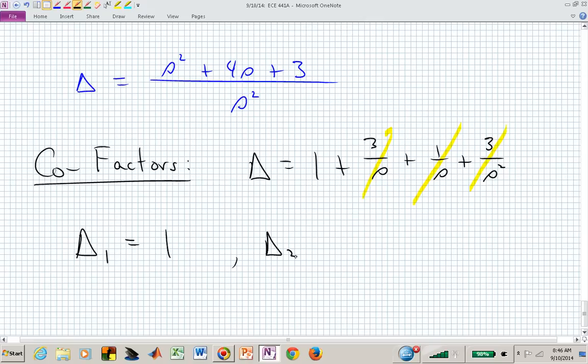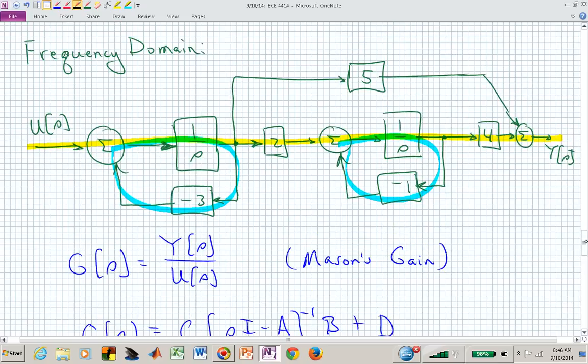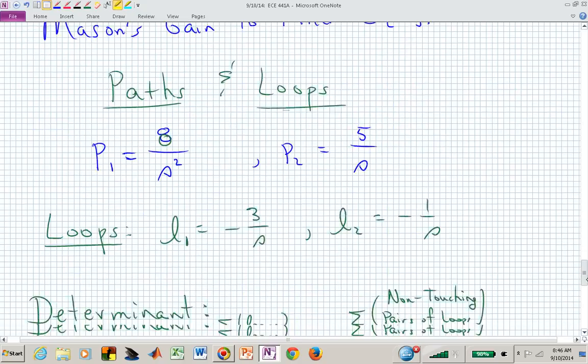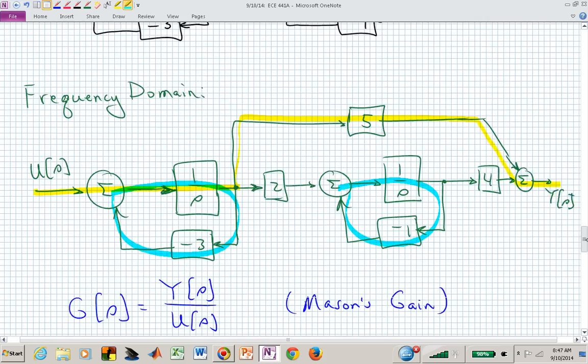How about the cofactor for path 2? Path 2 was right here. If we remove that, so if you virtually erase that path 2, have you disconnected any of the loops? So if we go back to our determinant, and now I'll do this maybe in blue, we've disrupted loop 1, haven't we?